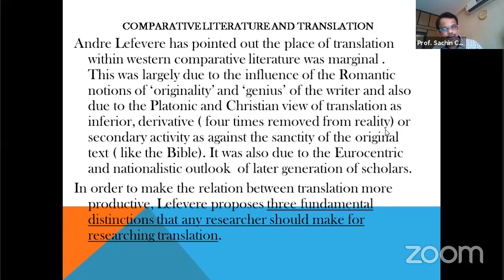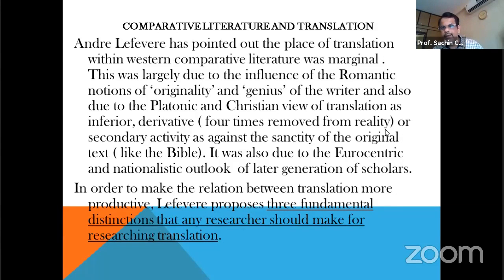And André Lefevere, one of the most important figures in translation studies, has pointed out that the place of translation has been marginal in Western comparative literature, largely due to the romantic ideas of originality and genius, and also due to the Platonic and Christian view of translation as inferior or derivative.